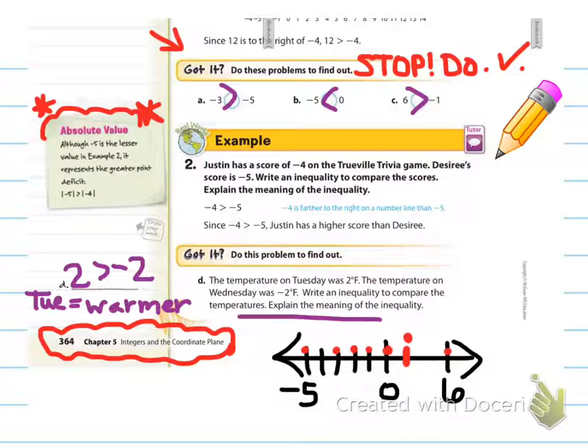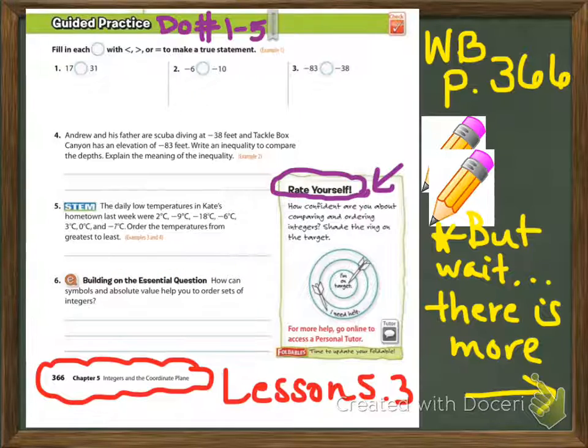Now the got it question D is talking about temperatures. And you can check here that +2 is greater than -2, which means it's warmer on that day, where it's +2 than on the day where the temperature is -2. So once you copy everything on here, please move to the next page.